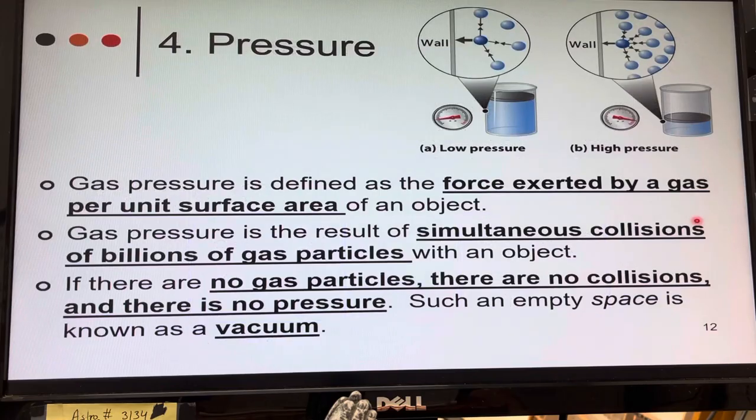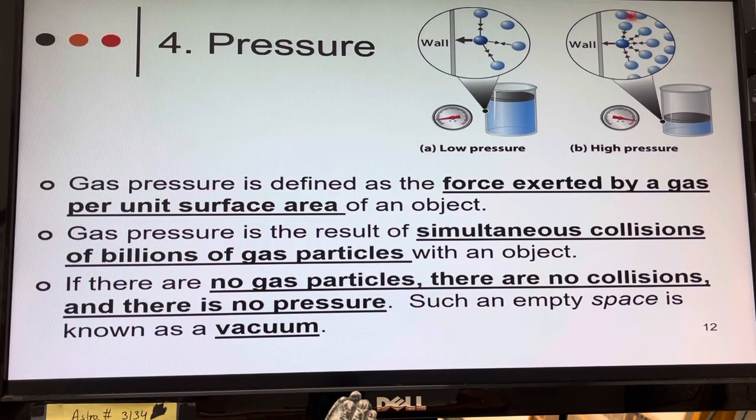It's pretty cool. Okay, pressure. Gas pressure is defined as the force exerted by a gas per unit surface area of an object. These pictures show the difference between low pressure and high pressure, because you're reducing the volume.